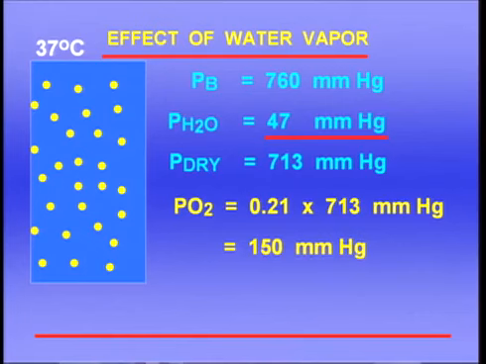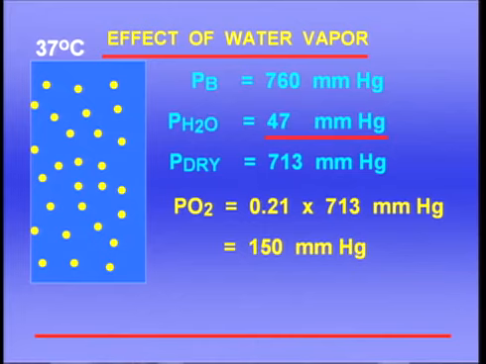You go to the summit of Mount Everest where the barometric pressure is much less, but the partial pressure of water vapor at 37 degrees Celsius is still 47. That's very important. If you increase the temperature to 100 degrees Celsius, then the water vapor pressure is 760, and that is the reason why water boils at 100 degrees Celsius.